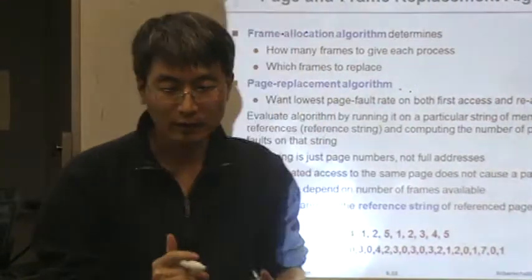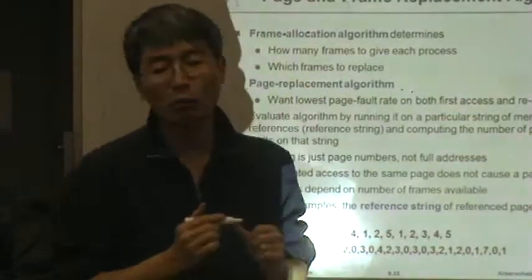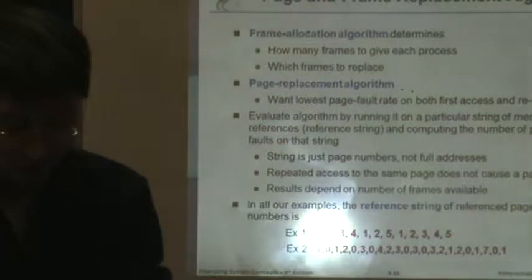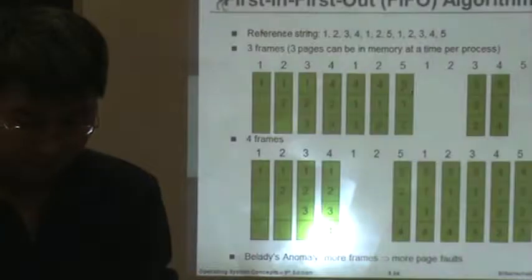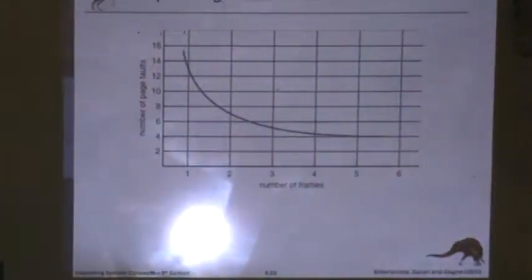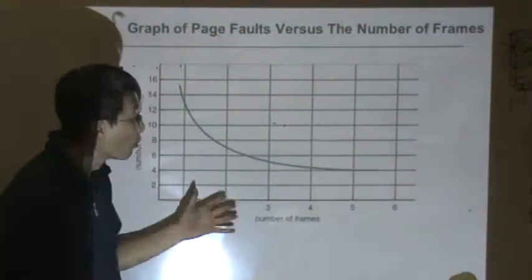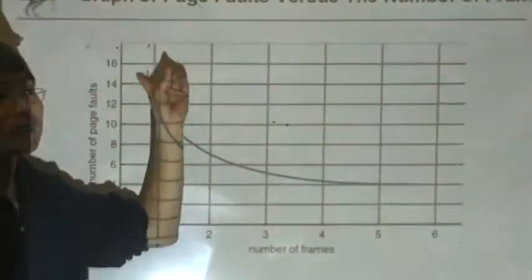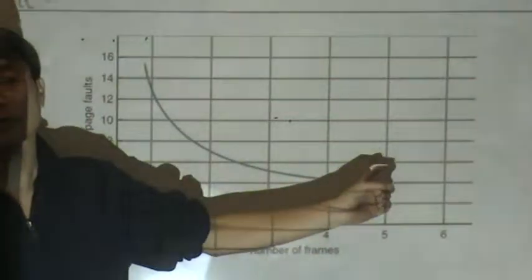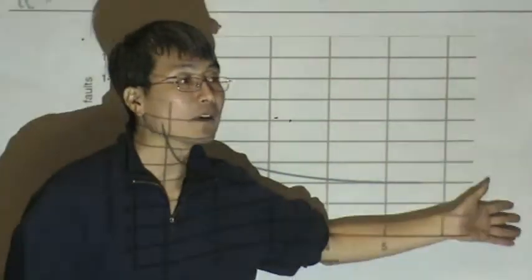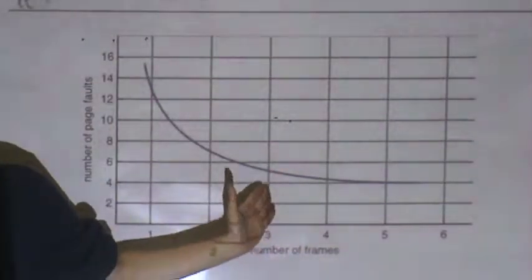This is a more complicated one: 0 to 7, 8 pages. This one shows how many frames. Frame means the physical memory. The more page frames we have, the fewer page faults. In other words, the more page frames we have, the better the performance.